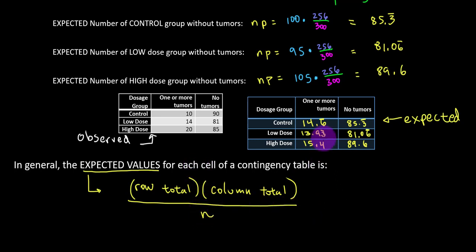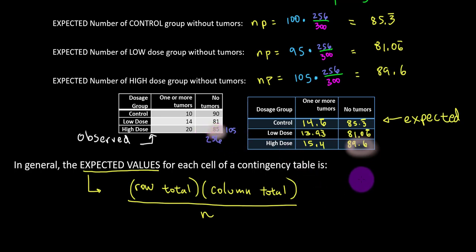Now let's just validate that real quick. This 89.6, let's look at that. The cell on the bottom right refers to the number of individuals in the high dose group who did not experience any tumors. So what is the total of that row? Well, we saw that that was 105. And what is the total of that column? We saw that that was 256.